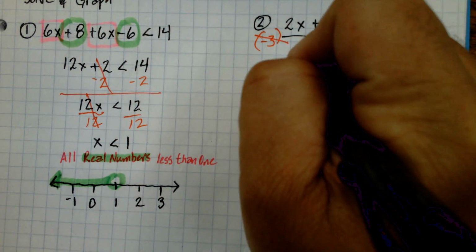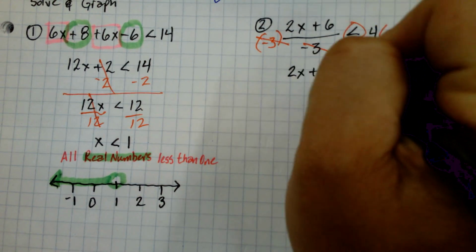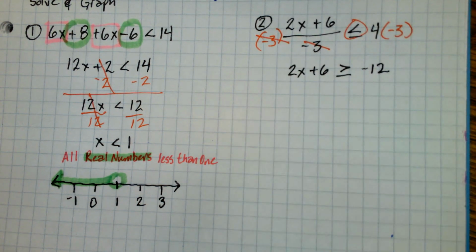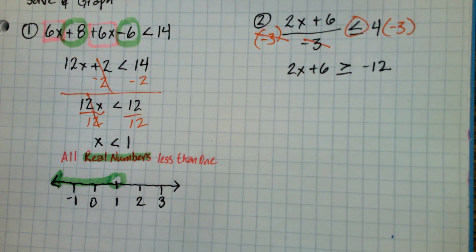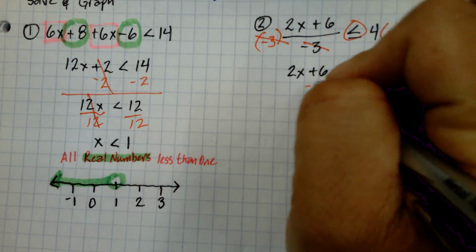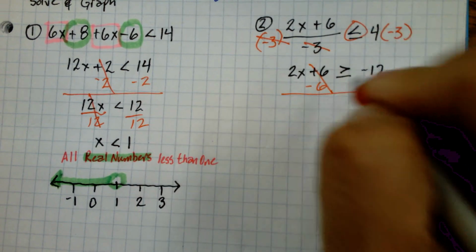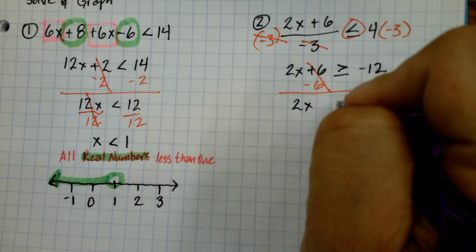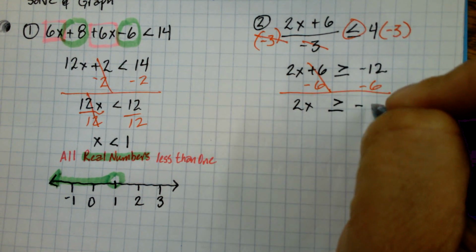So now I got 2x plus 6 is greater than or equal to -12. All right, we had to look out for that. All right, let's continue. But now it's just a 2-step inequality. Those aren't too bad. We've got 2x is greater than or equal to -18.